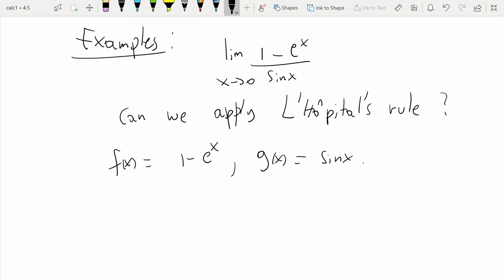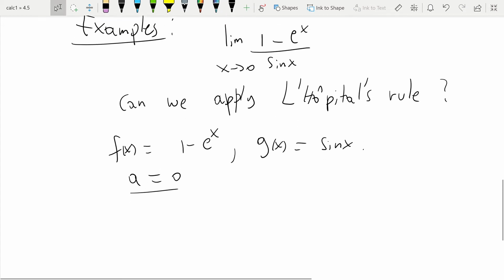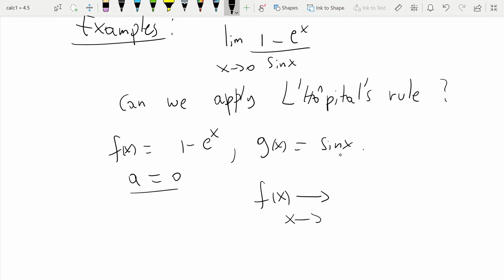What is a? a here is the point 0. So what do we need to check? What does f go to? f of x goes to what as x goes to 0?